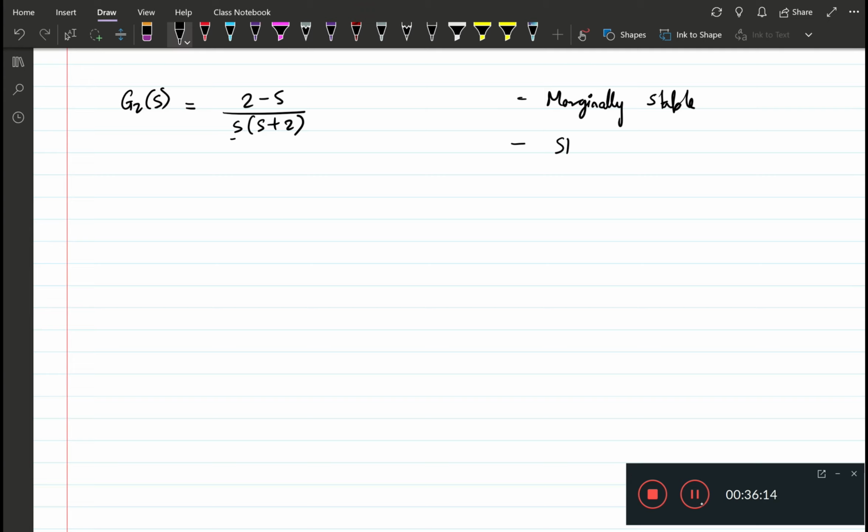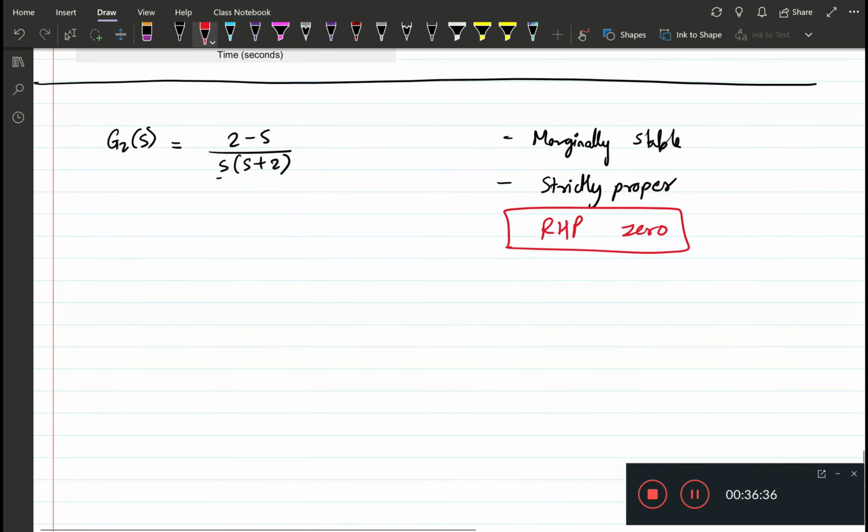This is also strictly proper because we have two poles and only one zero at 2, but now we have a right half plane zero. So we have a zero in the right half plane, and that's called a non-minimum phase zero.